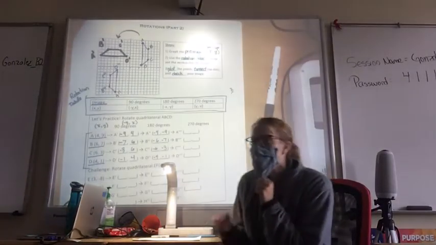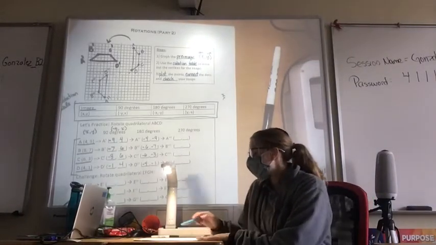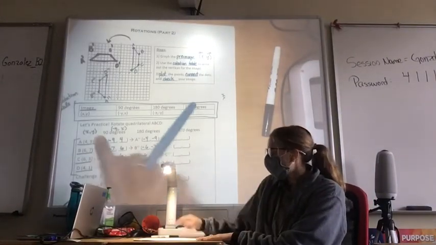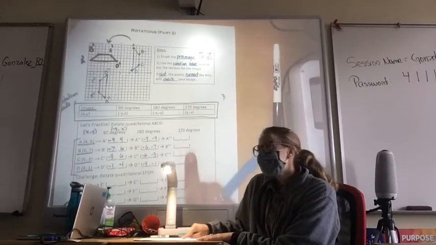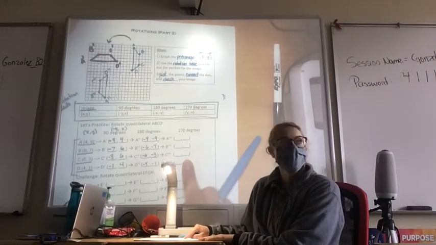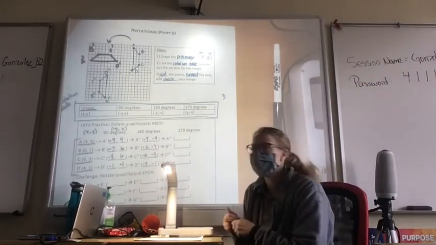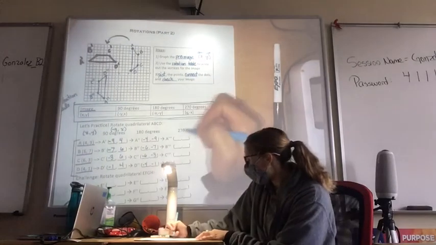270 degrees. In order to rotate 270 degrees, we're going to put the y value first, put the x value second, and do the opposite of the x value. So for example, with letter A, we put our y value first.